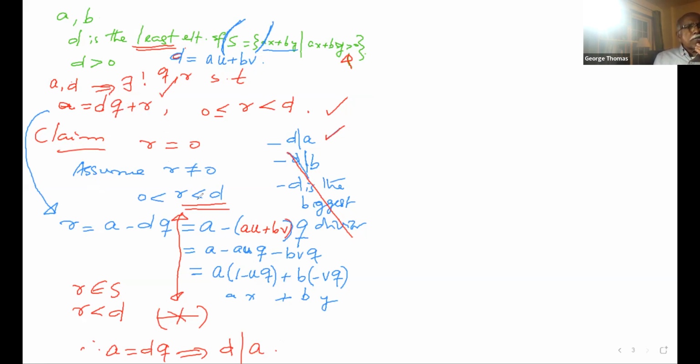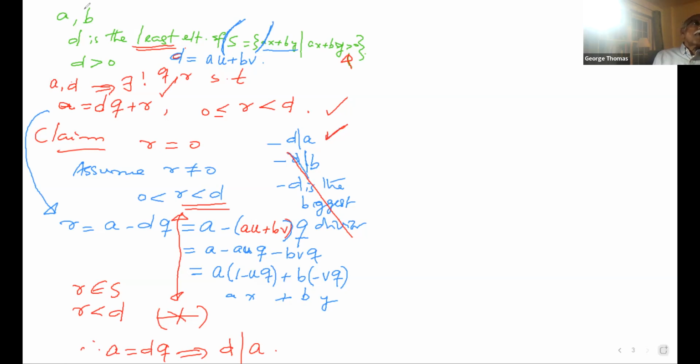If it is not, there is a contradiction. If R is 0, A equals DQ, so D divides A. Done. We have done this part. You will find that the rest will fall out easily shortly. Let me go forward and come back.